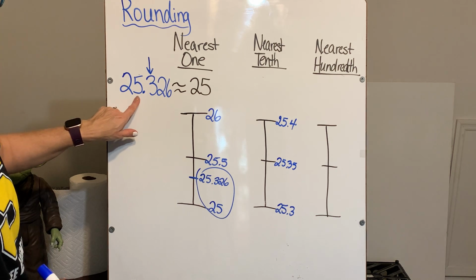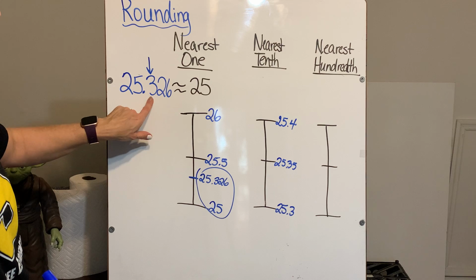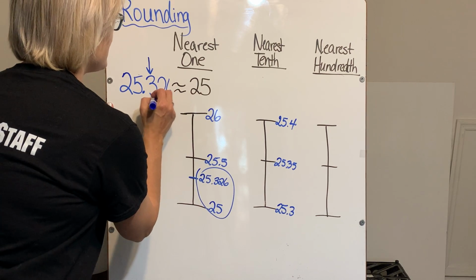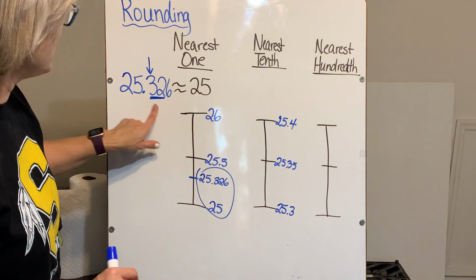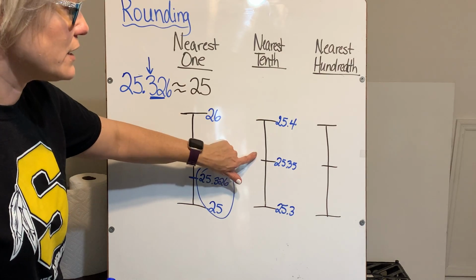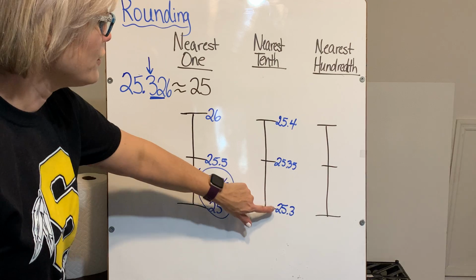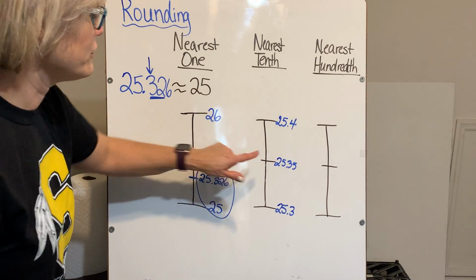Well, I've got 25 and 326 thousandths, so I've got the 32 here. I'm going to underline that because that's what I'm going to look at. Where will my 32 go? Will that go above the middle line or below the middle line? 30, 31, 32, 33, 34, 35.